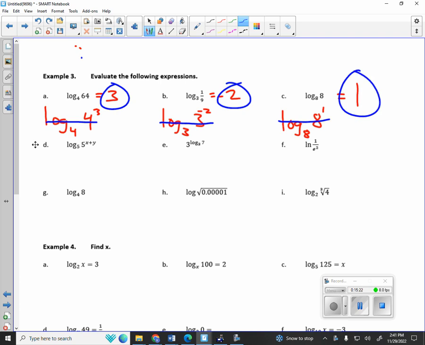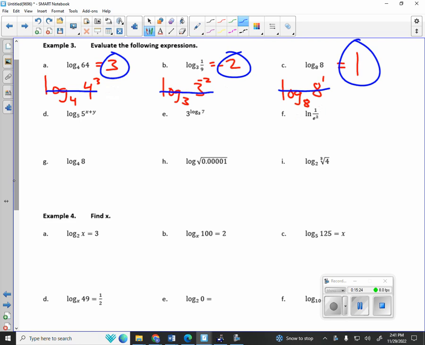So if you look at this, log base 5 of 5 to the x plus y, these go away and leave you with x plus y, because they are inverse operations. And then 3 to the log base 3 of 7, those are going to cancel, giving you 7. Those are straight from the ACT, folks.